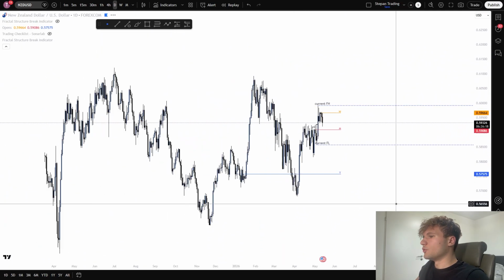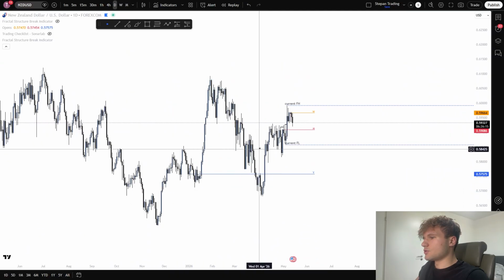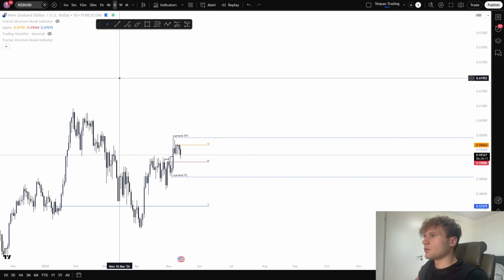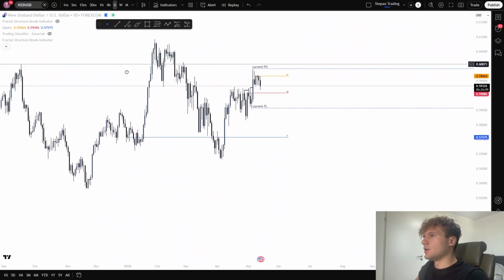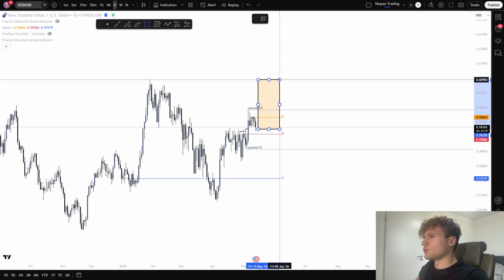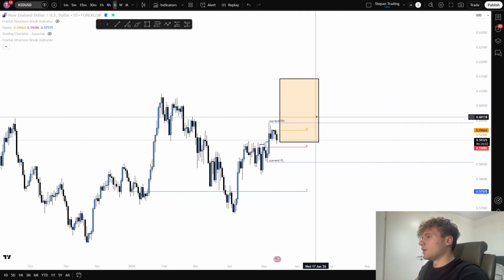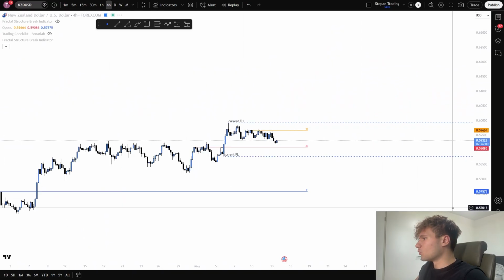For NZD USD, this thing is also bullish towards the upside. We have a lot more room to go since this change of character here, this V-shaped reversal towards the upside. So we got a lot more room to trade towards the upside, like this whole move here. Let's see what our next moves will be.